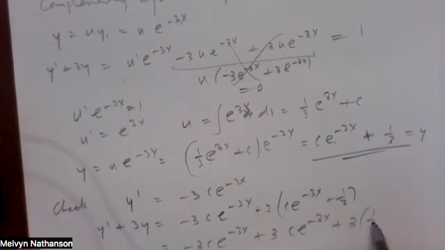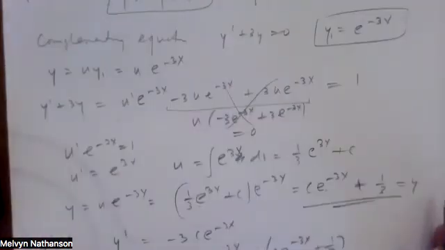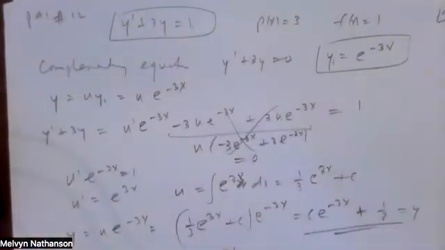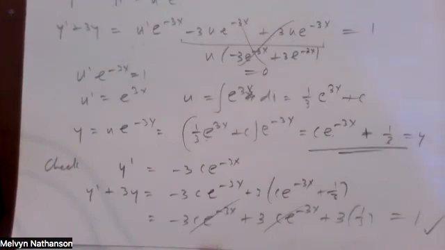This is equal to minus 3c e to the minus 3x plus 3c e to the minus 3x plus 3 times a third. These cancel, and 3 times a third is 1, which is what it's supposed to be. So this is correct.